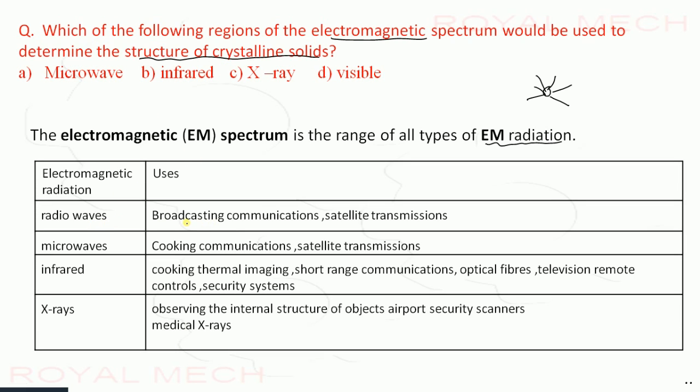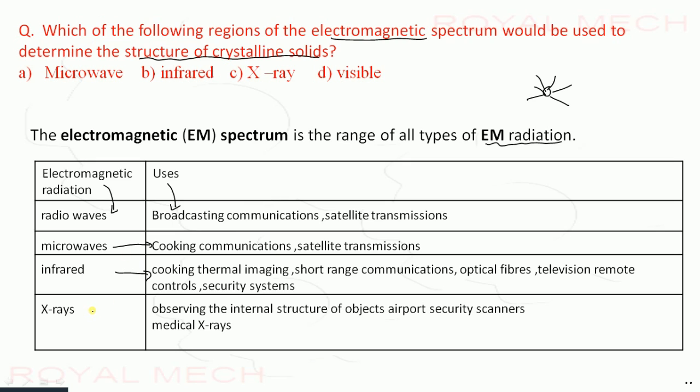Radio waves are used for broadcasting, communications and satellite transmission. Similarly, microwaves are used for cooking, communications, satellite transmissions, whereas infrared is used for cooking, thermal imaging, short range communication, optical fiber, television, remote controls and security systems.